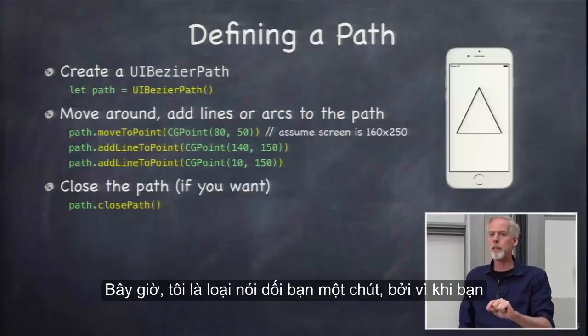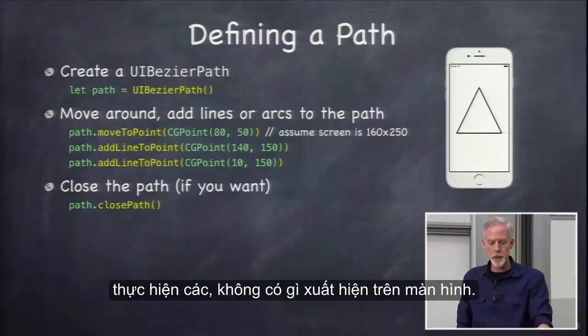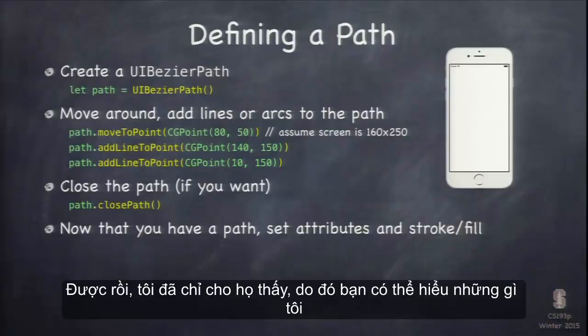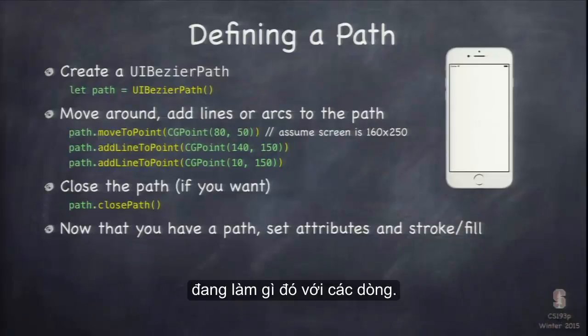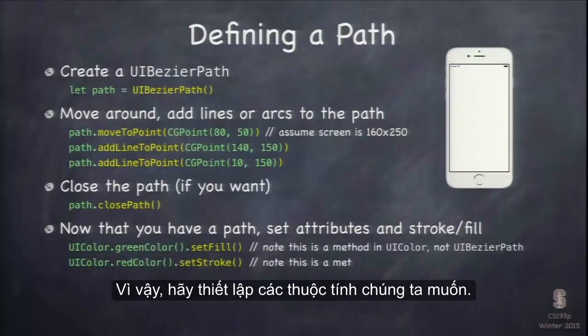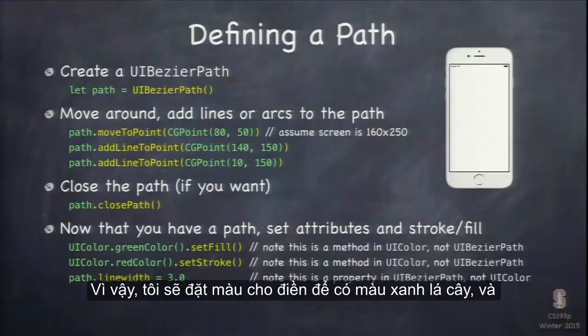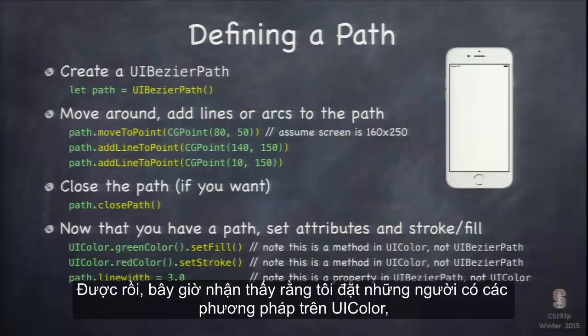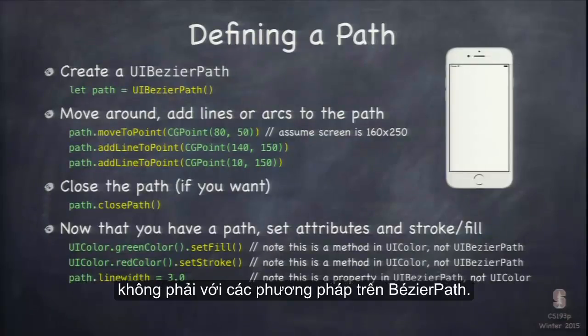Now, I'm kind of lying to you a little bit because as you execute these, nothing is appearing on screen. The screen will be blank. Okay? I was only showing them so you can understand what I was doing there with the lines. To make it appear, you have to stroke or fill. So let's set the attributes we want. I'm going to set the color for filling to be green and the color for stroking to be red. Now notice that I set those with methods on UIColor, not with methods on the Bezier path.